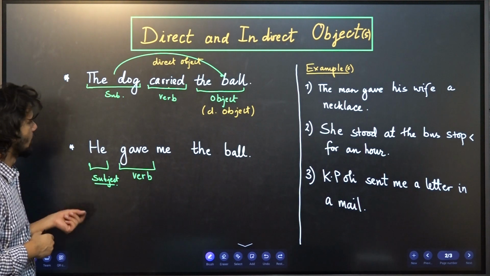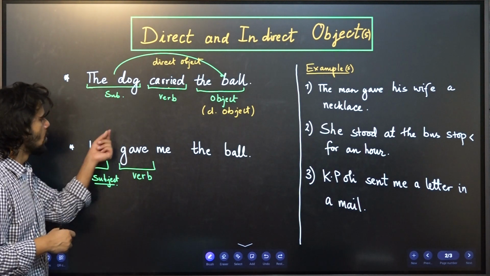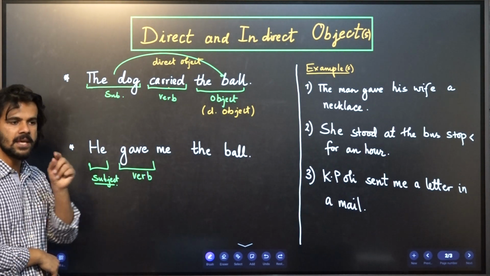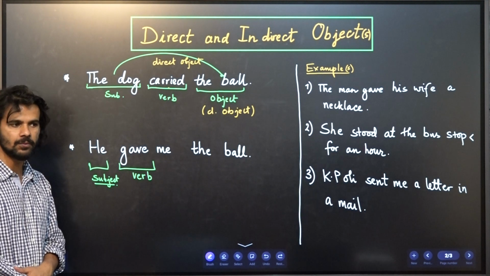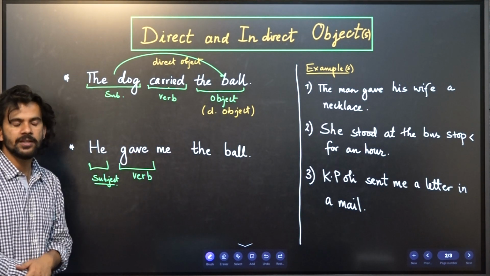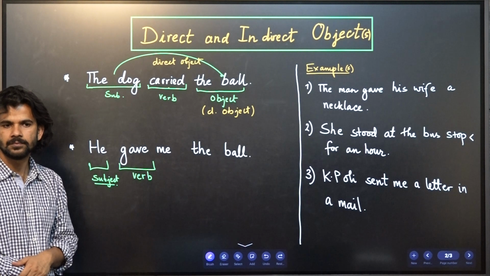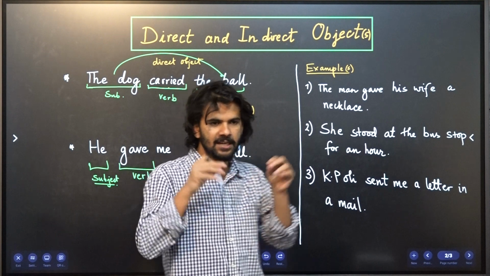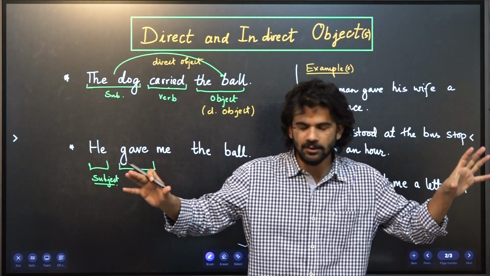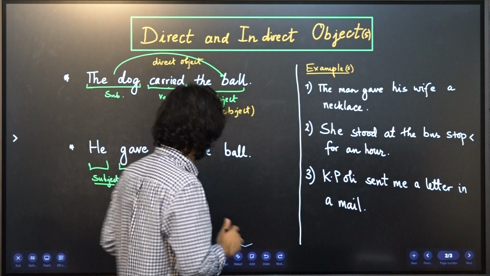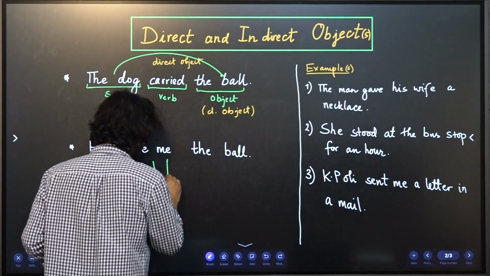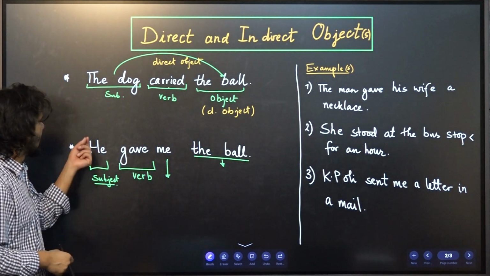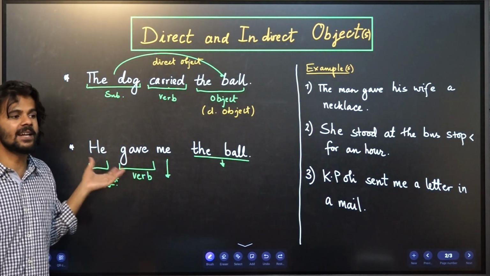Now, he gave me the ball. Me is also an object, it's a noun. Similarly the ball is also a noun, that's also an object. There is one ball, there is me, these are two different objects, isn't it?